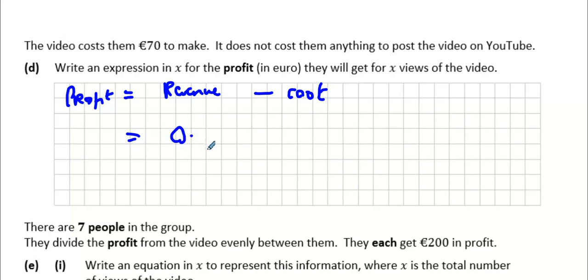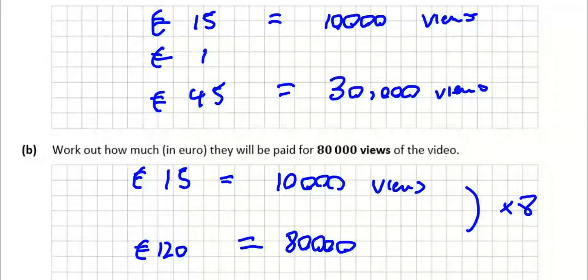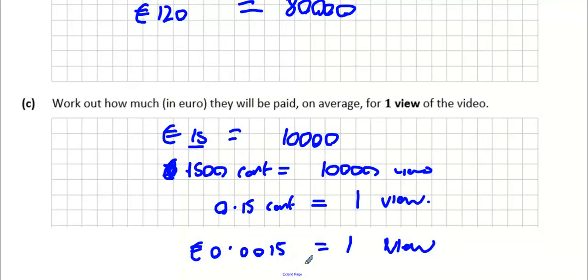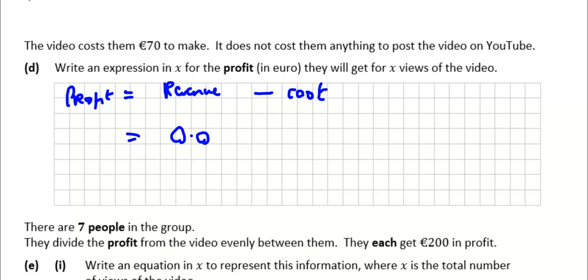So it's 0.0, what did we say earlier? 0015, is that correct? 0.0015. So for every view you get, 0.0015 multiplied by X, because that's how many views you have, take away your cost of €70, and that will be your profit.